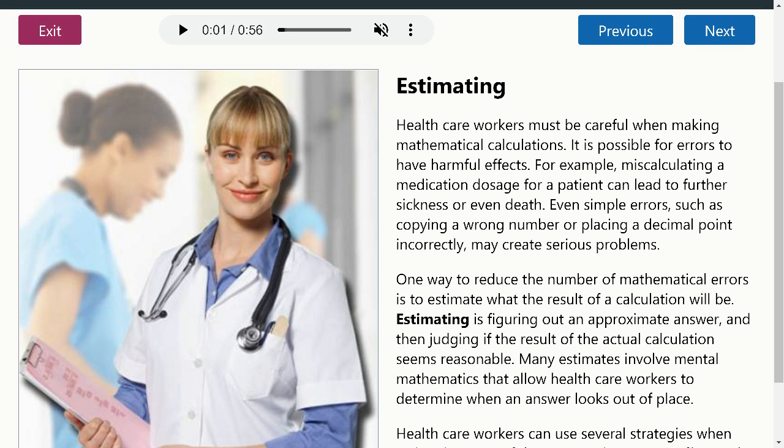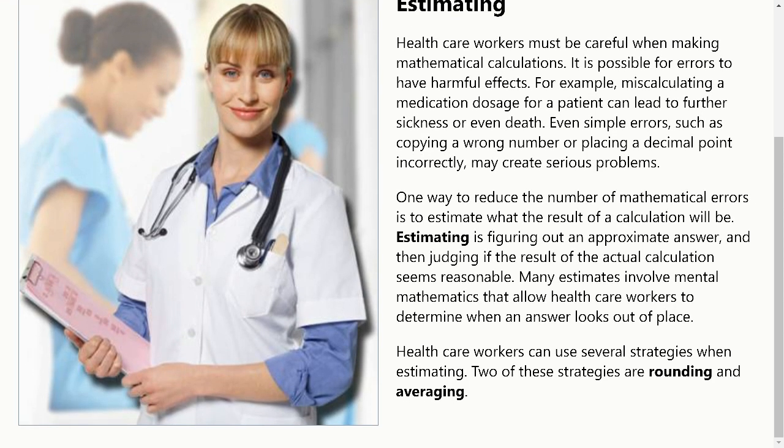One way to reduce the number of mathematical errors is to estimate what the results of a calculation will be. Estimating is figuring out an appropriate or approximate answer and then judging if the result of the actual calculation seems reasonable. Many estimates involve mental mathematics that allow healthcare workers to determine when an answer looks out of place.